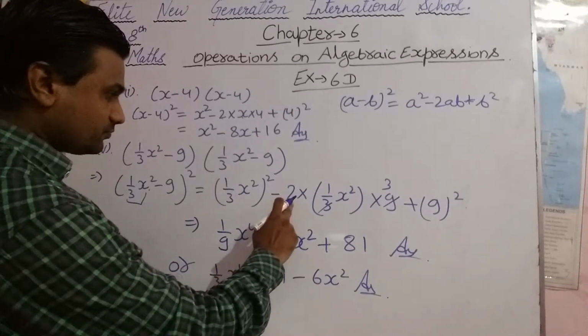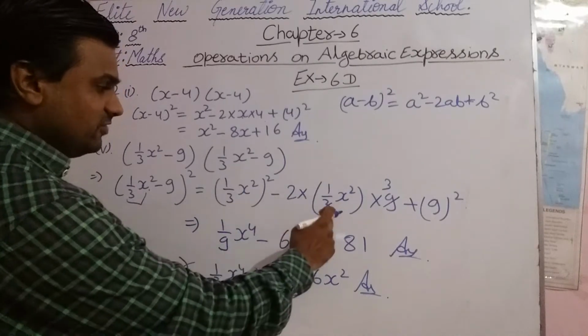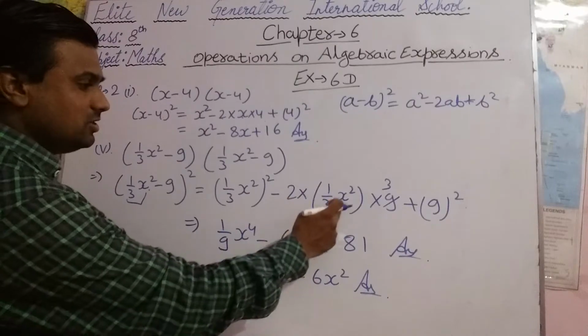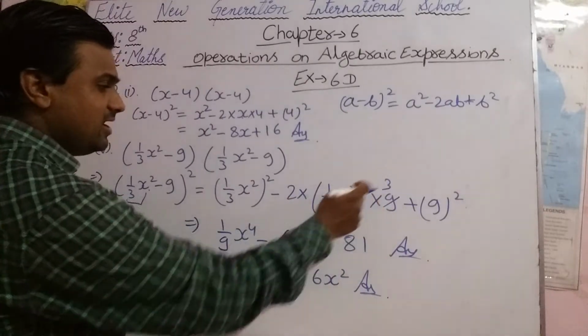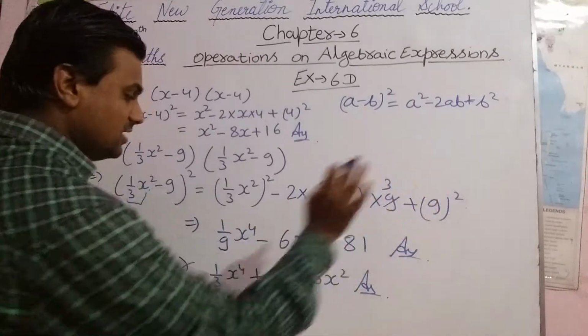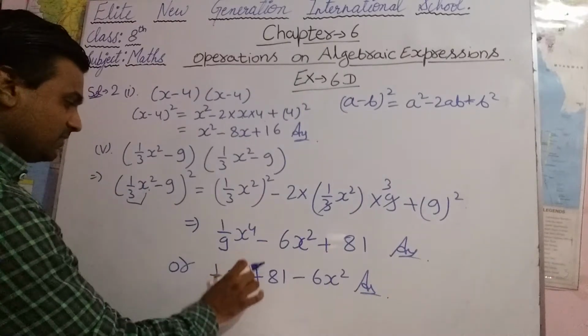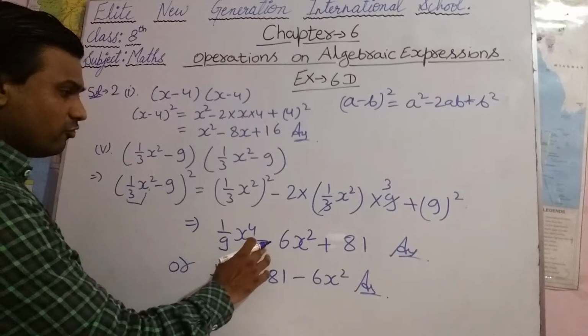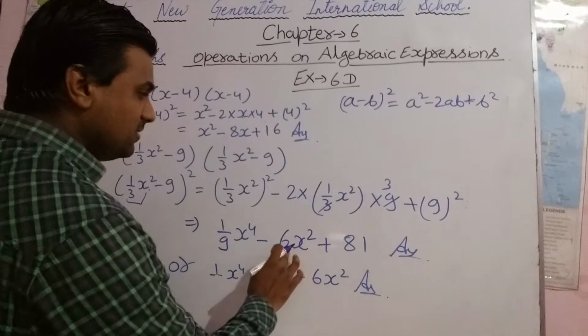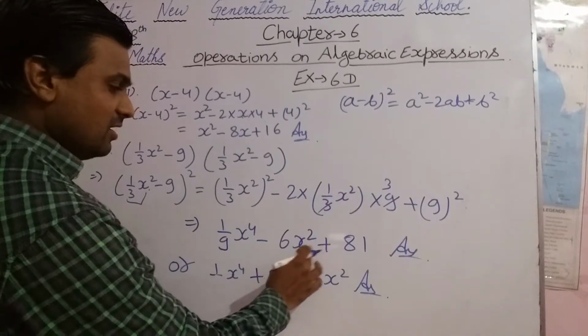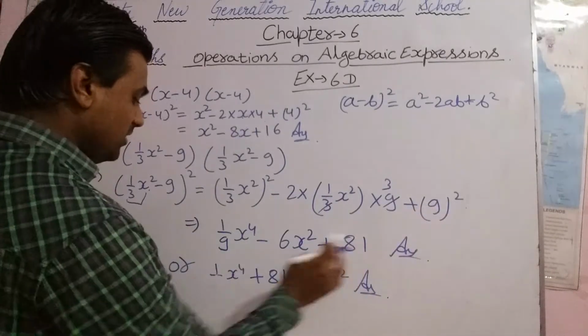Now here 2 into 1 upon 3 x square, we can cancel it by 3 times. Now plus 9 square, so it will be 1 upon 9 x power 4 minus 2 into 3, which will be 6, x square, and plus 9 square will be 81.